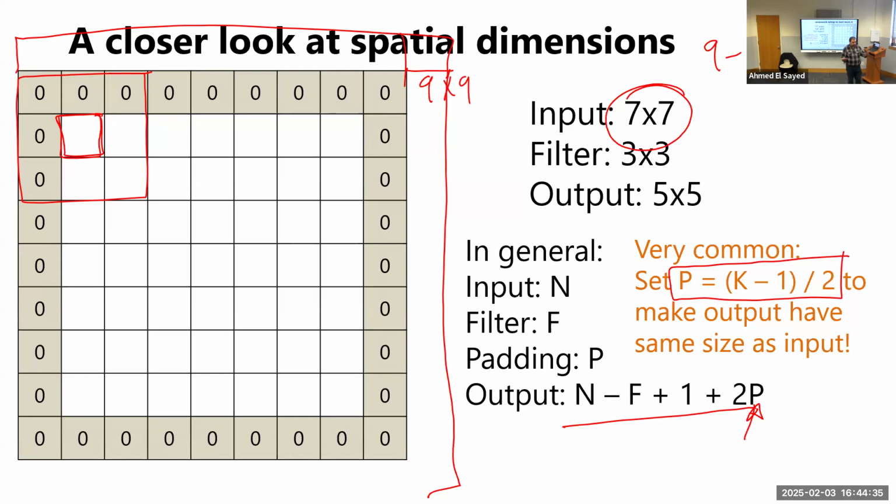So the input size will equal the output size. That's by using the padding technique. And we stated that the equation for the output, if we are using padding, is n minus f plus 1 plus 2b, where b is the number of pixels we add in the padding, n is the size of the input image, f is the size of our filter.